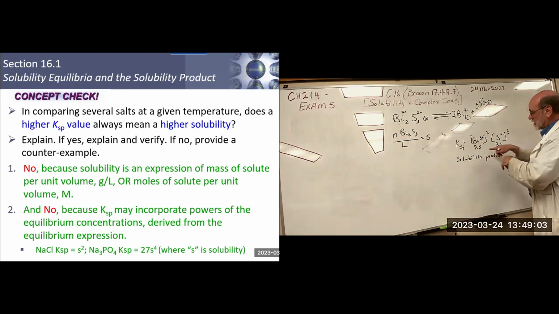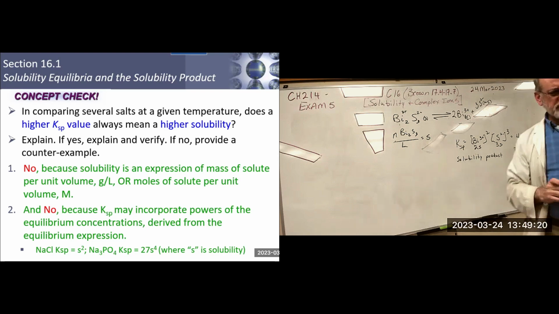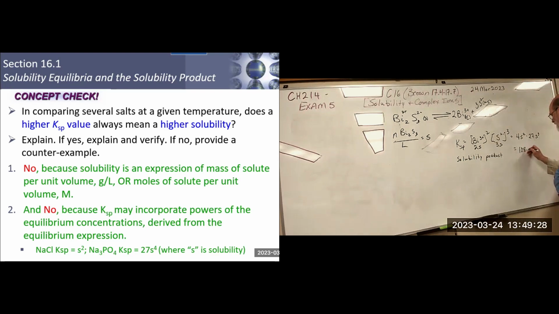So now, (2S) squared would be 4S squared times (3S) cubed, which would be 3 times 3 is 9 times 3 is 27, S cubed. So 4 times 27, I don't trust myself on that one. 108. So this would be 108 S to the 5th power.